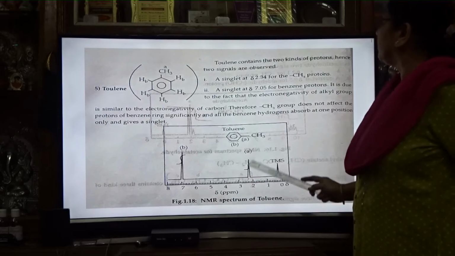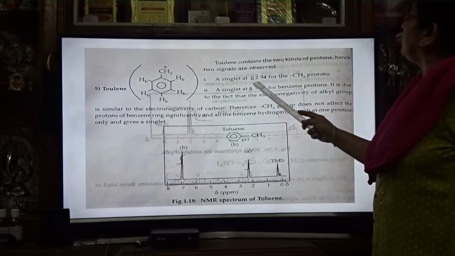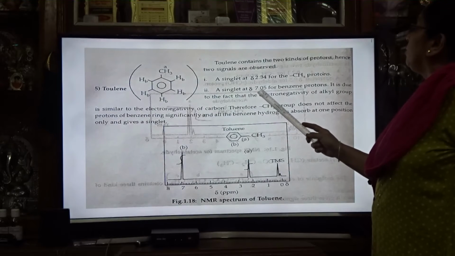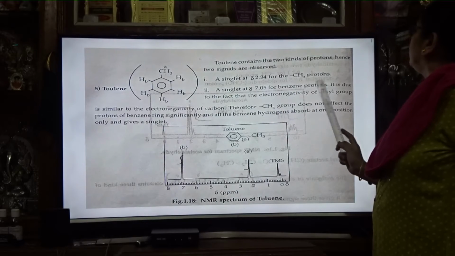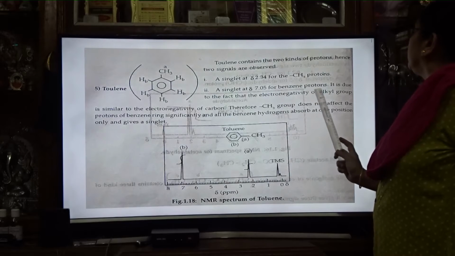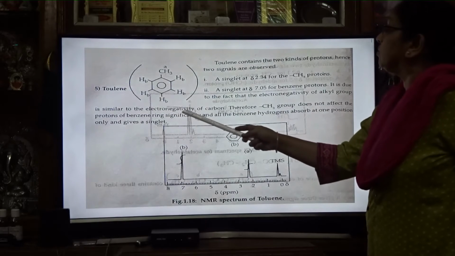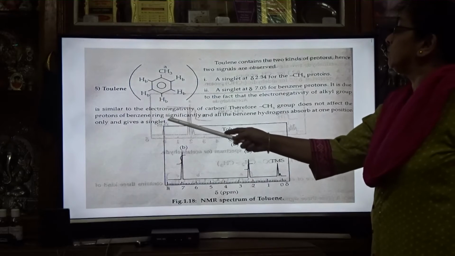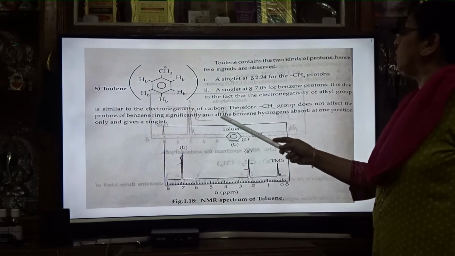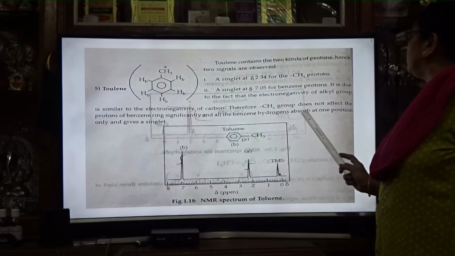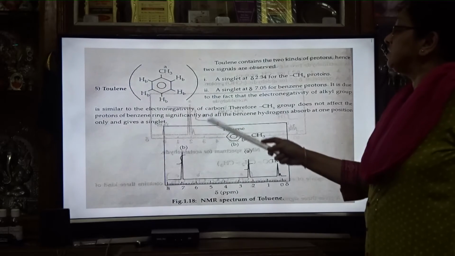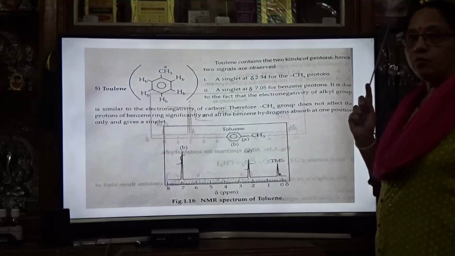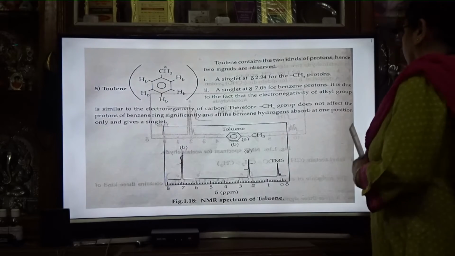And here also there is no hydrogen, so it is a singlet. A singlet at del 2.34 for CH3 protons, a singlet at 7.05 del for benzene protons. It is due to the fact that the electronegativity of the alkyl group is similar to the electronegativity of carbon. Therefore, the CH3 group does not affect the protons of the benzene ring significantly, and all the benzene hydrogens absorb at one position only and give a singlet. So all these 5 hydrogens will give only one peak, that is a singlet.